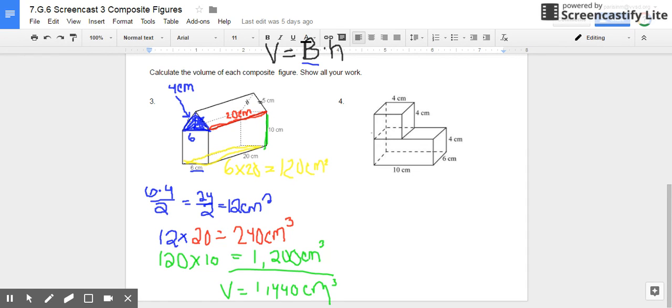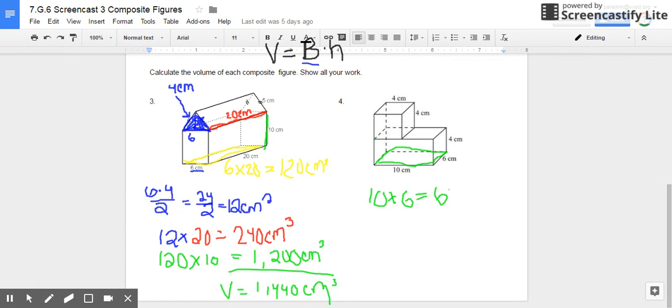Okay, next problem. So I have my two rectangular prisms. So I'm first going to find the volume of this bottom rectangular prism. So I'm first going to find the area of the base. So right now what I highlighted in green is the base of the rectangular prism, which is 10 times 6, which gives me 60.